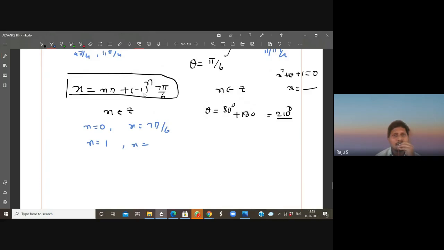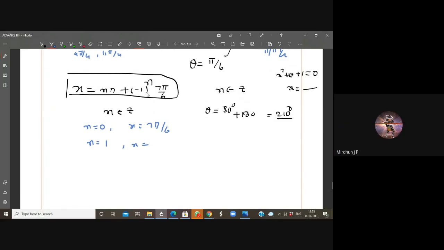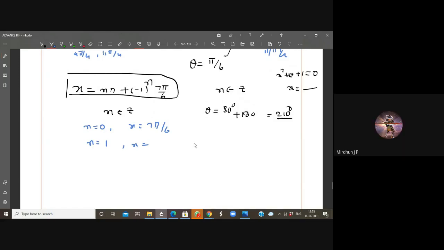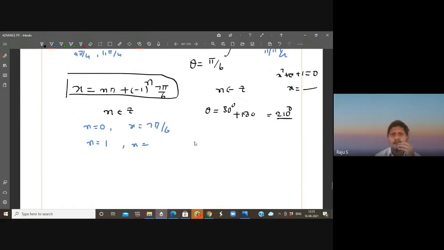N is equal to 1. It is pi minus 7 pi by 6, because minus 1 whole power 1 is equal to minus 1 only. What value are we getting?